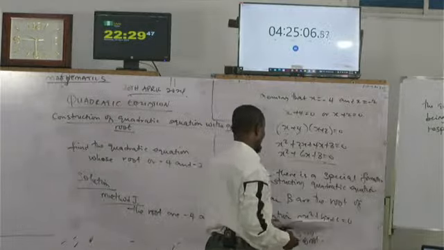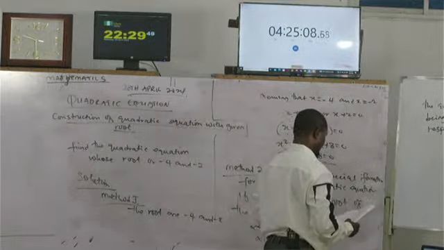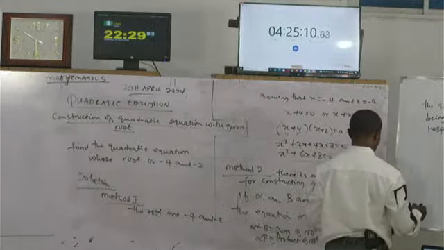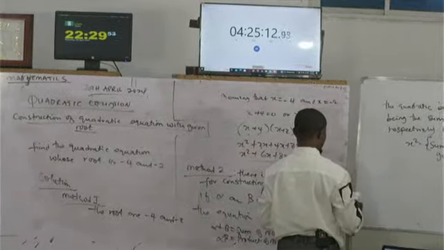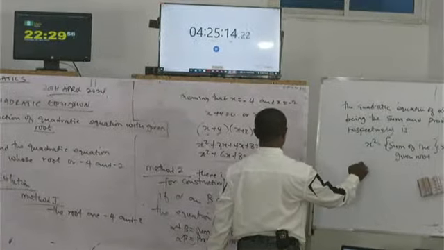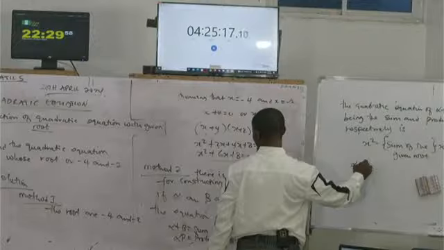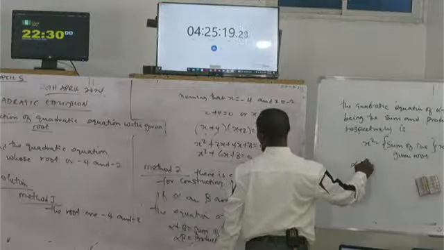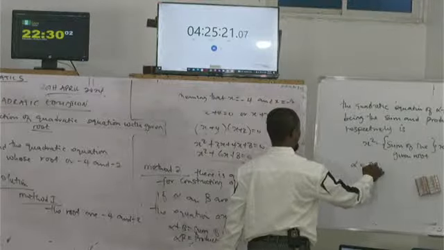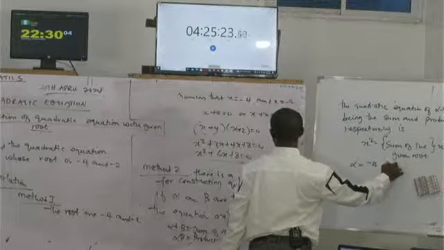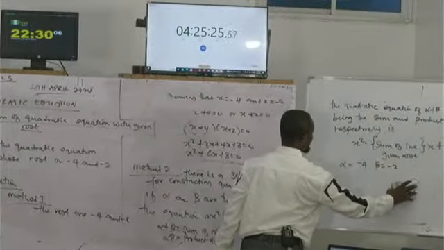So in this particular question, if you want to use it, alpha can be given as minus 4, beta is minus 2.